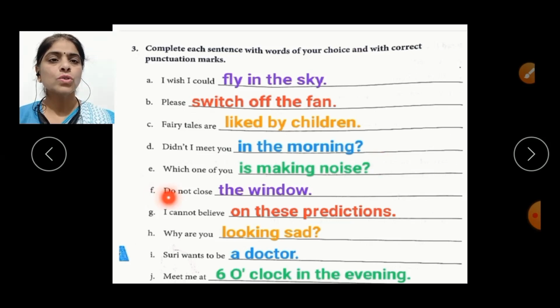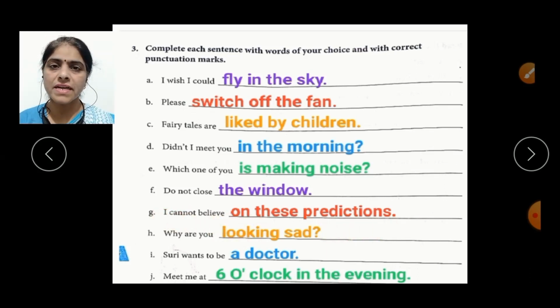After that, do not close the window. As this sentence gives instruction, so this is an imperative sentence. It's also having a full stop at the end. After that, I cannot believe these predictions. This sentence is a statement, so it is a declarative sentence, and it's also having a full stop at the end.